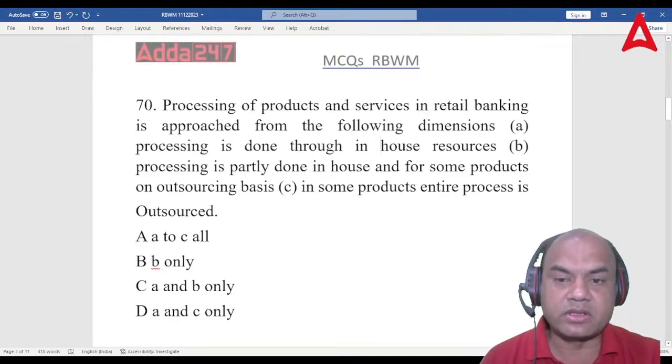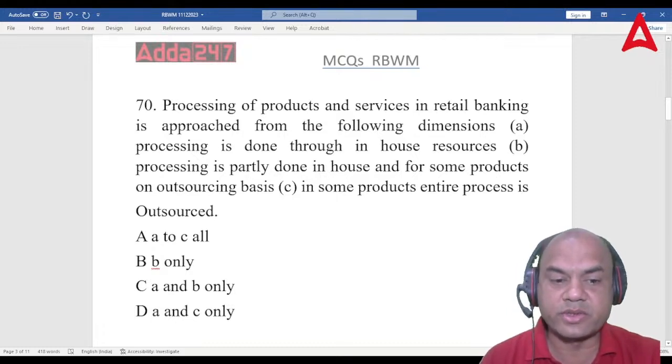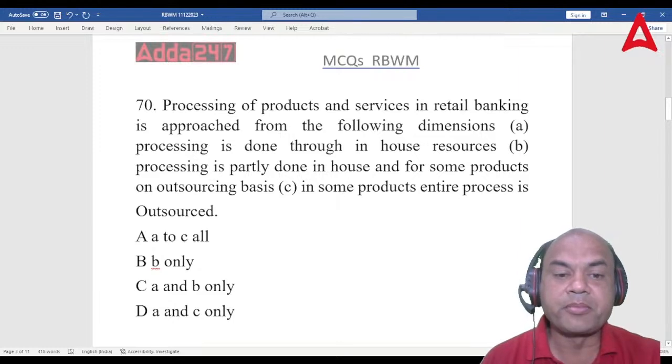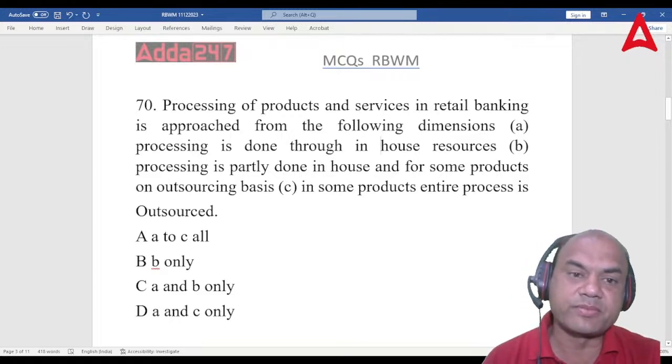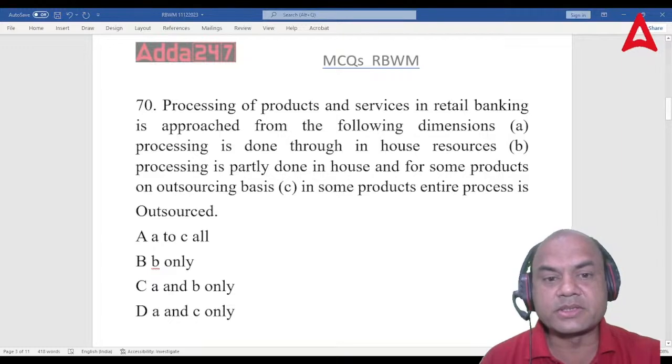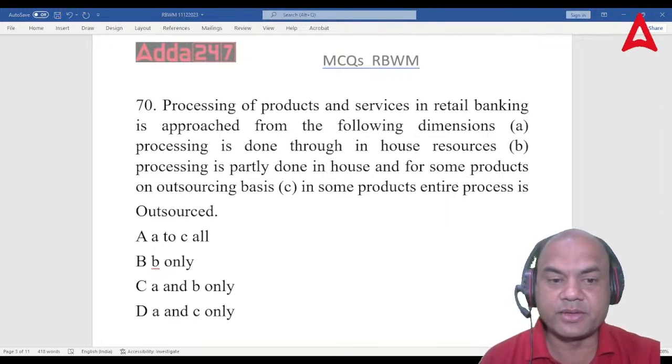Options: A to C all, meaning in-house, partly, and complete outsource. B only, some outsourced, some in-house. A and B only, in-house and some outsourced. And A and C only, in-house and completely outsourced. So what should be the answer over here? Think over it, everyone.